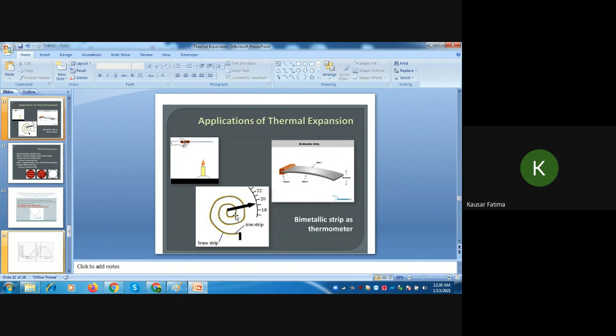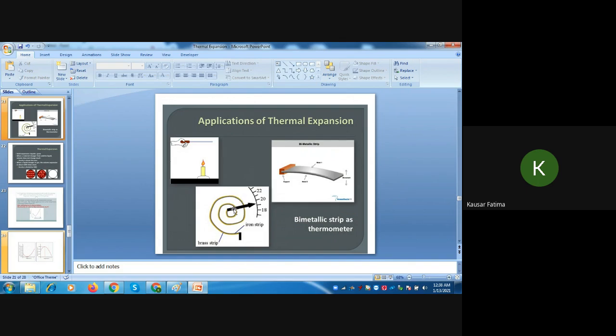Here this is a bimetallic thermometer, and this is the pointer. When this expands, it uncoils. Because there are two metals, you can see two slightly different colors here. One is the iron strip and the other is the brass strip. So this will slightly uncoil and the pointer will move forward.